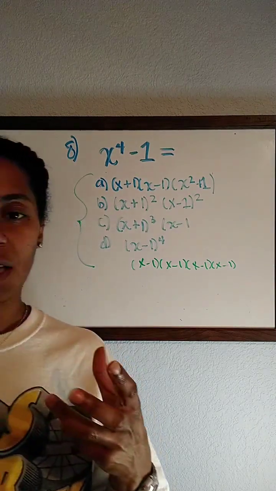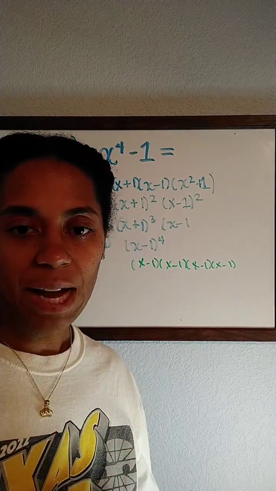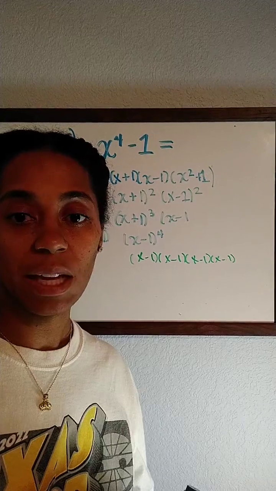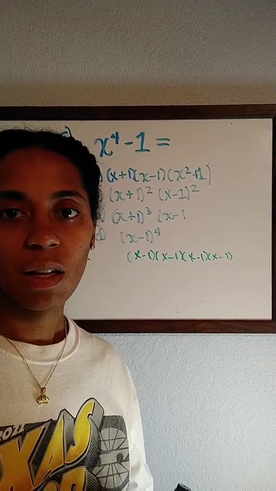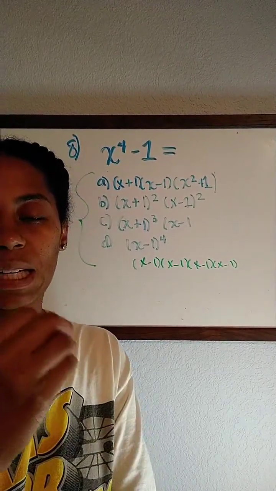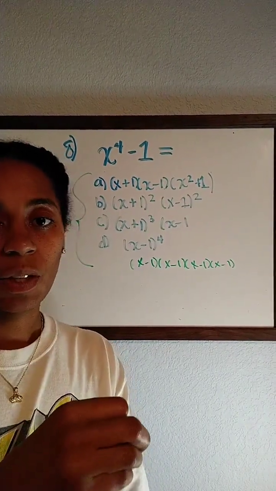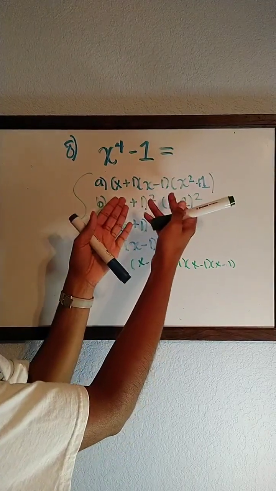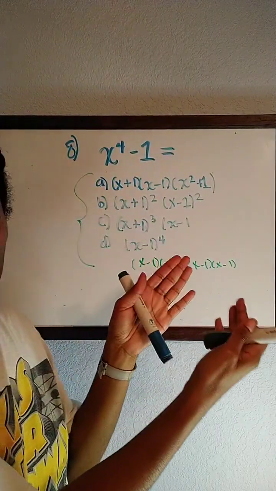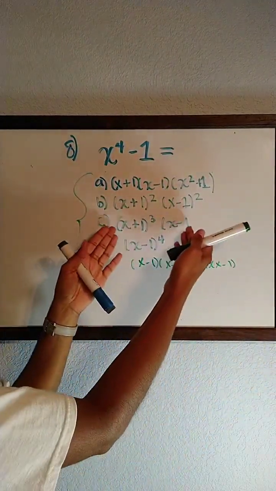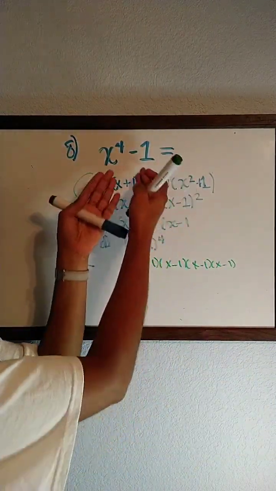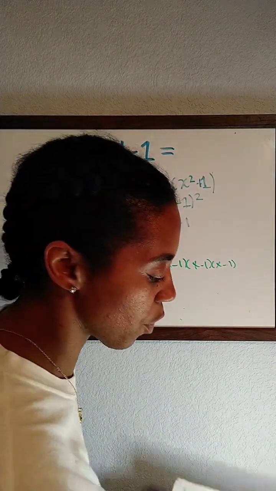So I'm finding two numbers that multiply together to equal the answer, right? I'm looking for two numbers that multiply together that equal the answer. So same thing here. I'm looking for two sets of information, or 3, however many sets of information. When I multiply them together, they give me x to the power of 4 minus 1.